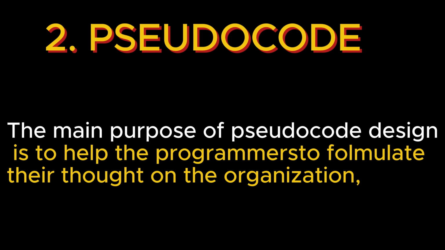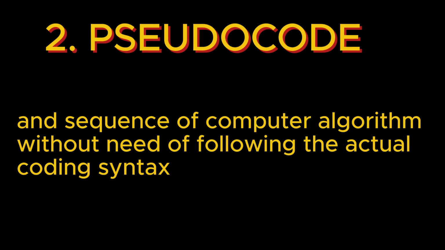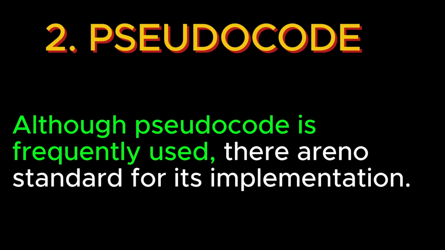The main purpose of pseudocode design is to help programmers formulate their thoughts on the organization and sequence of a computer algorithm without needing to follow the actual coding syntax. This means that by using pseudocode, programmers do not need to follow the syntax of a specific programming language.